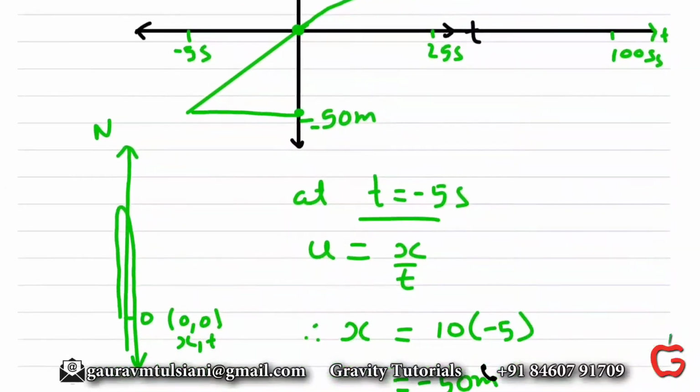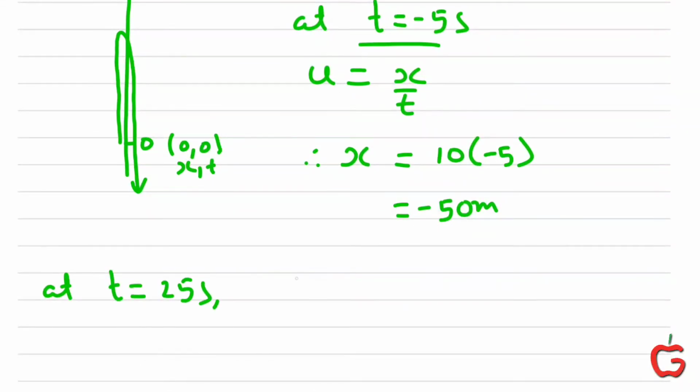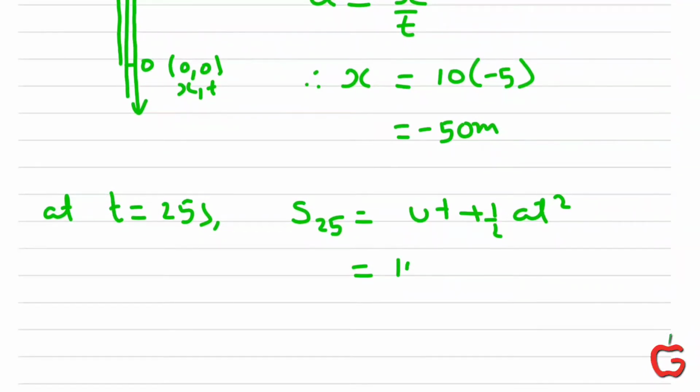At 25 seconds, the body is experiencing a force. So simply the equation of displacement can be used, where we can write S at 25 seconds is ut plus half at square. So this is 10t plus half minus 20 times 25 square. So acceleration I'm writing is minus 20 because it is opposite to the direction of initial velocity.